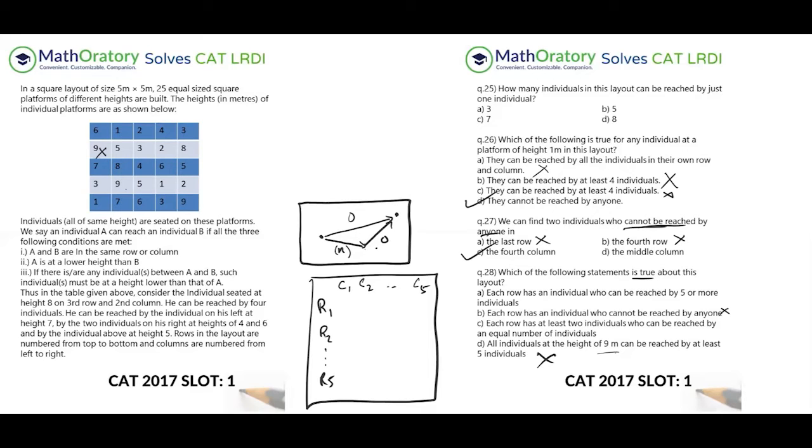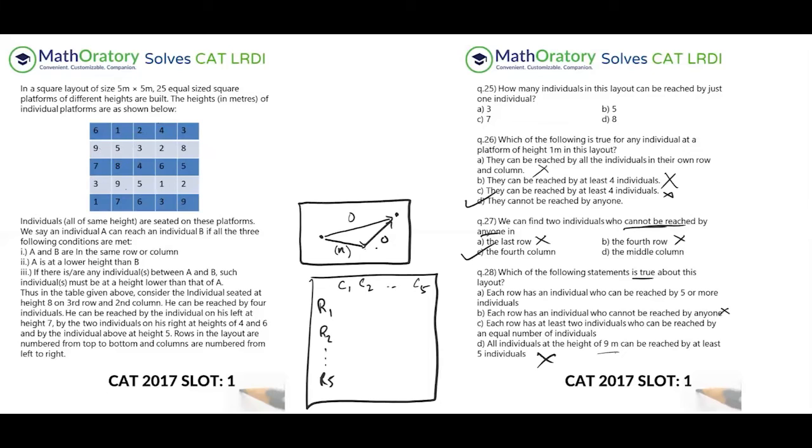So let's start with this particular one. Let's test 8 first because that's a higher number. 8 can be reached from this 5, from this 2, from this 3, and also from this 5. Okay, so this row actually worked. So this row has one individual who can be reached by 5 or more.